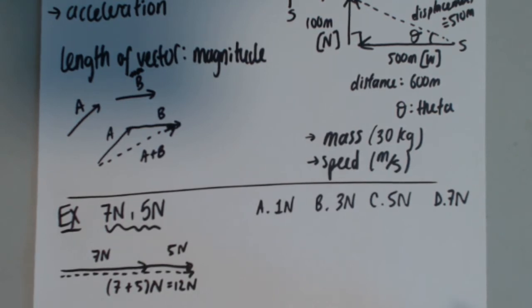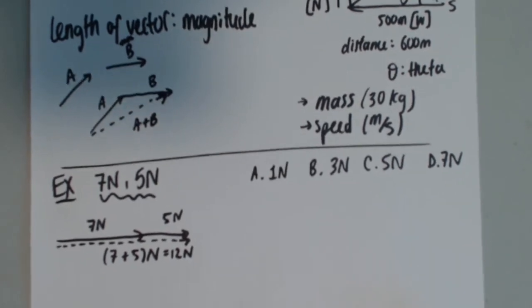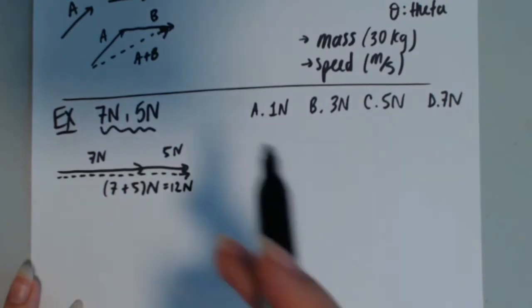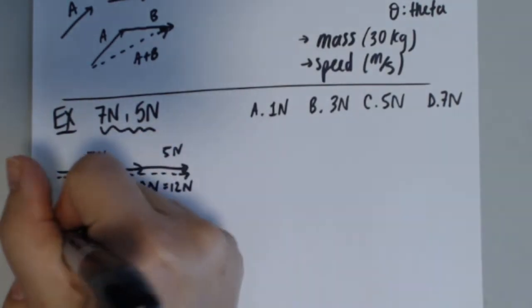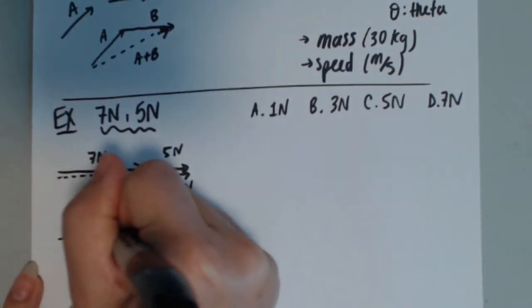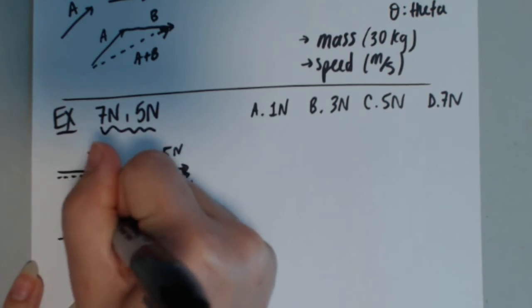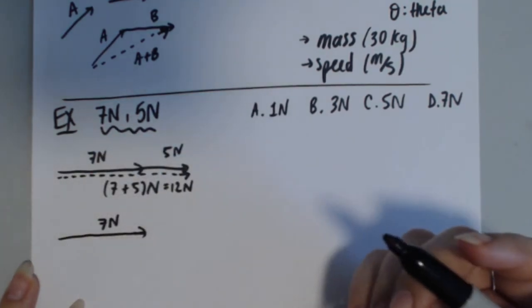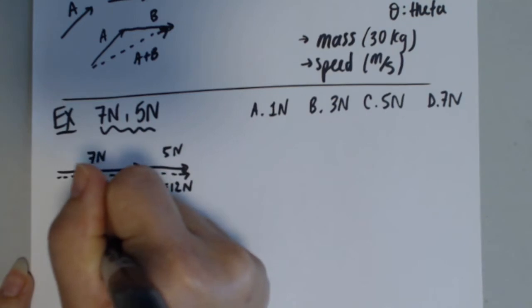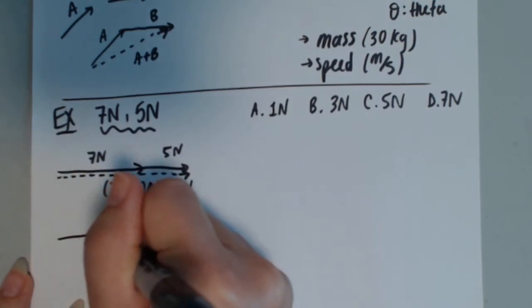Now, since we already inspected what the biggest value is when they're combined, let's look at what the possible smallest value is when they're combined. Well, the smallest value they could be is if they're going exactly in the opposite direction. So if I have 7 newtons, let's say, going in one direction, and the 5 newtons going in the exact opposite direction, right?